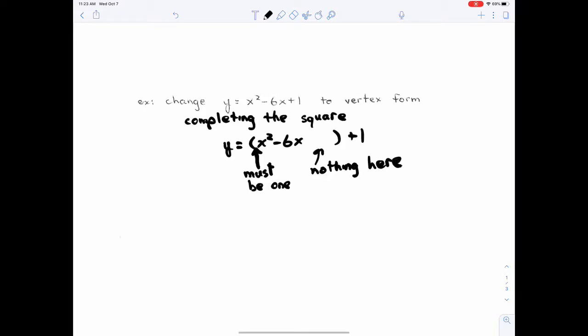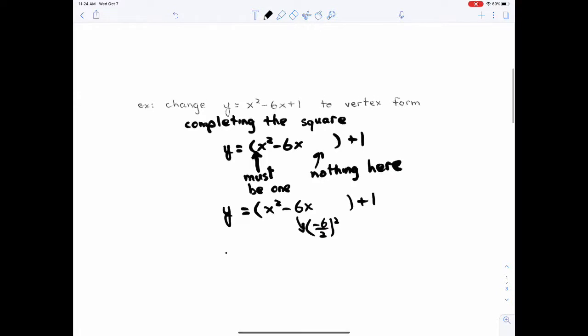Okay? All right, now the question is this. What number do you put at the end of that parentheses to make the thing a perfect square? Well, what do you do? You take half of the 6 and square it.